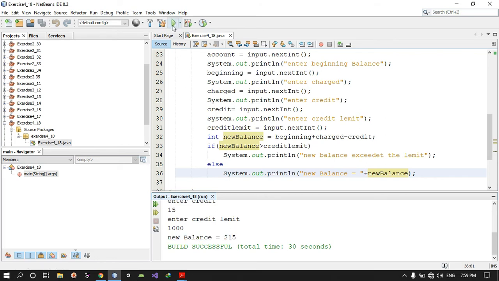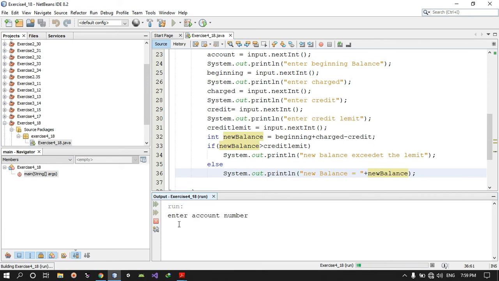Let's input wrong values. Account number 101001. Enter the beginning balance 100. Charge 200. Credit is 600.